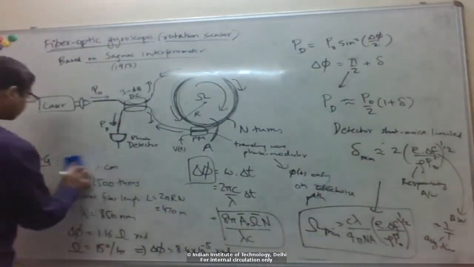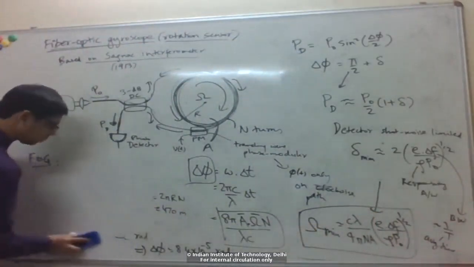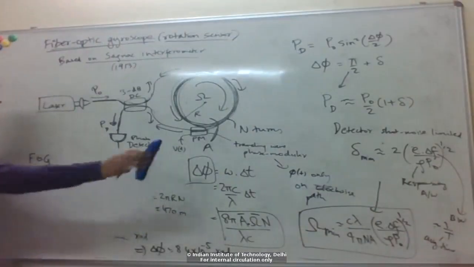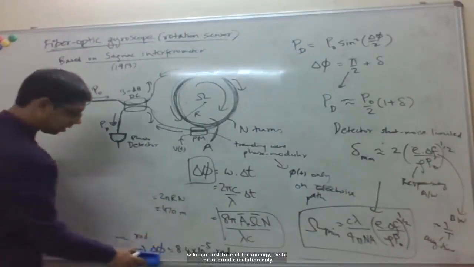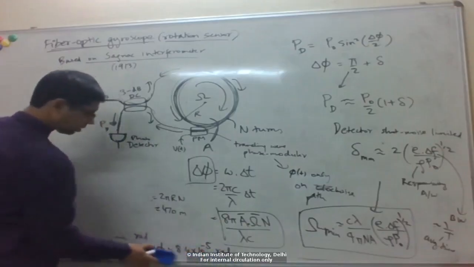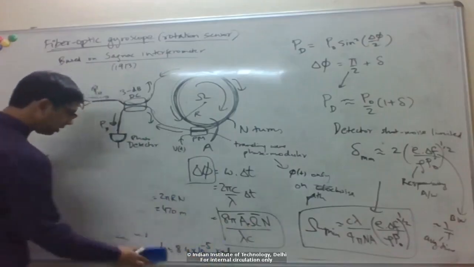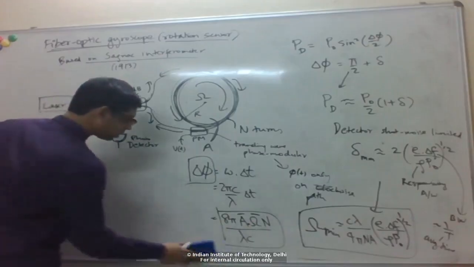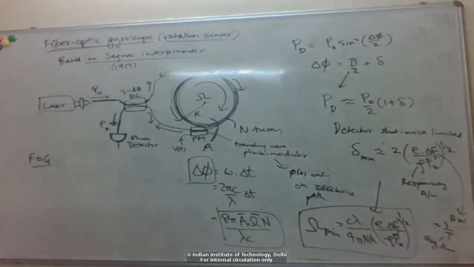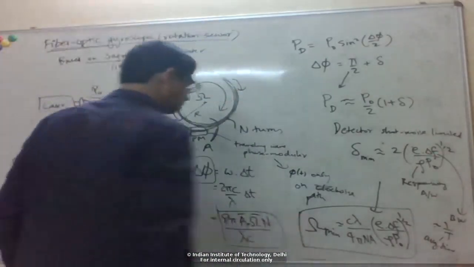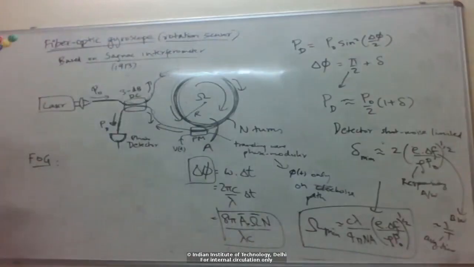To sense the rotation of the Earth, which gives a phase shift at the 10 to the minus 4 level, we can see how that compares to the minimum detectable rotation rate here.